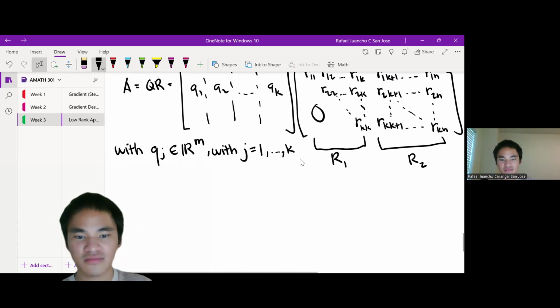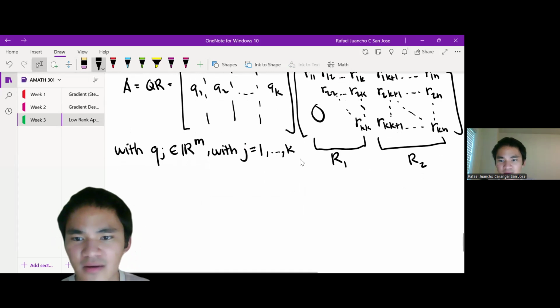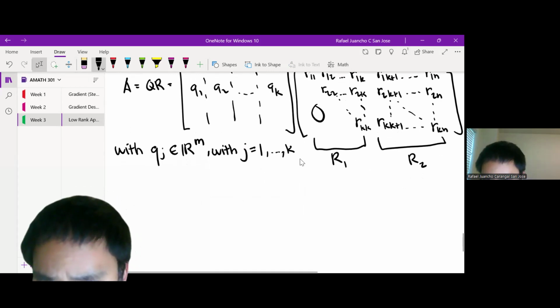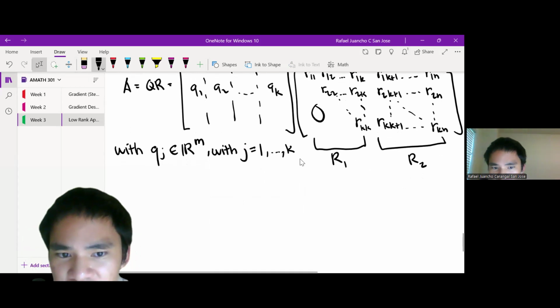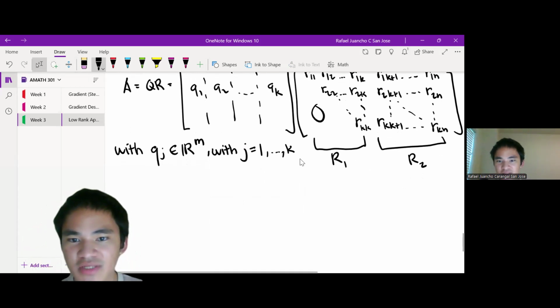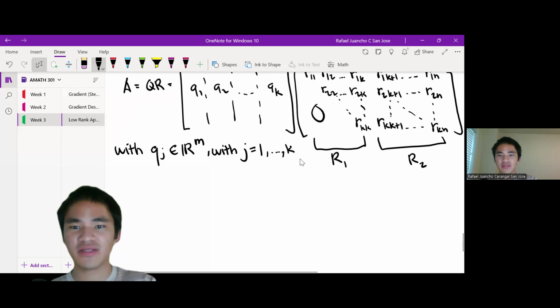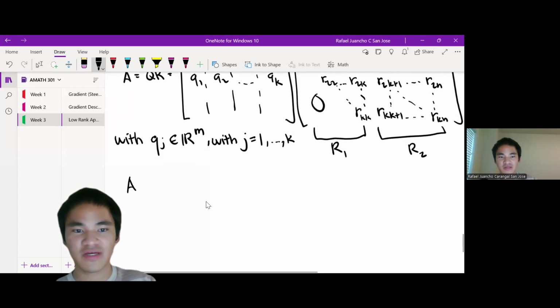What is this? Well, this is a bit interesting because now I've decomposed it into three matrices, in fact. So what basically happened in this decomposition, well, we have A is Q, and then I decomposed R to R sub 1 and R sub 2.